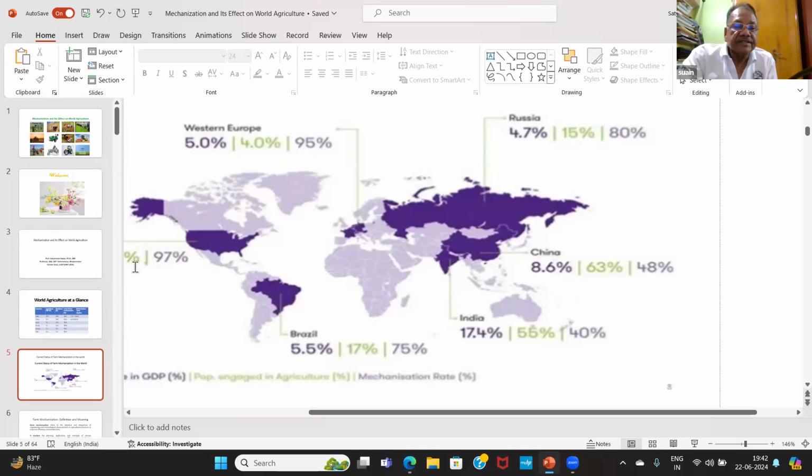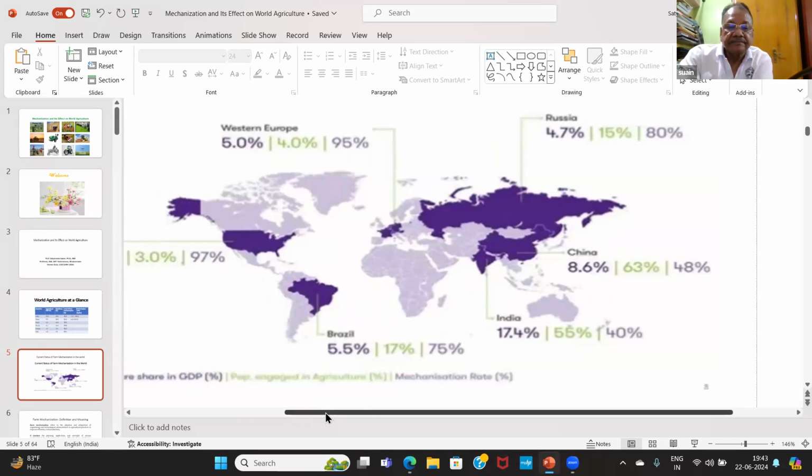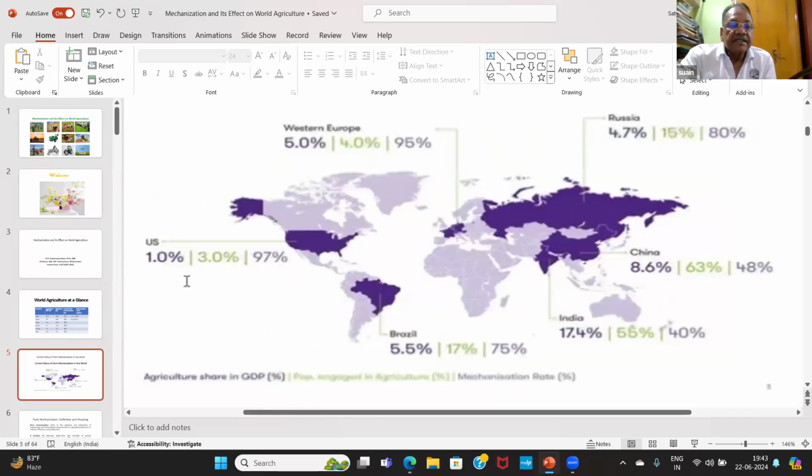Then coming to the US, GDP contribution is only 1% from agriculture. This data says 3%, but recently it is around 1.1 or 1.5, maximum 2%. Some information comes, but this data gives 3% population involved. 97% of their unit operations are mechanized.